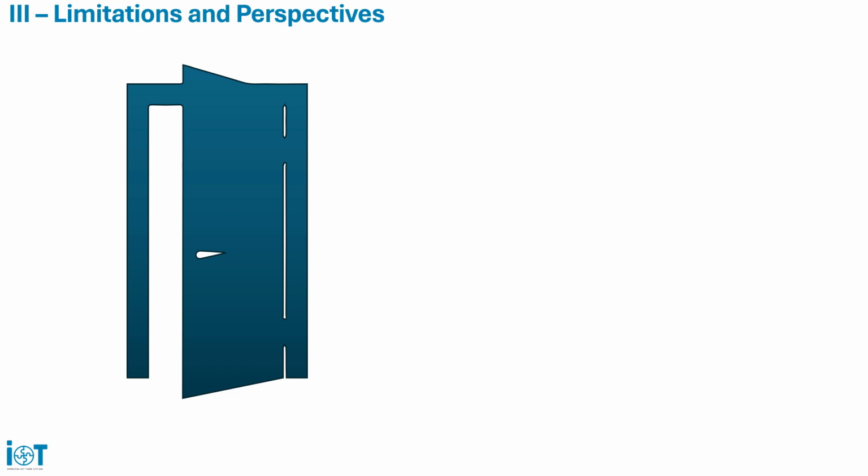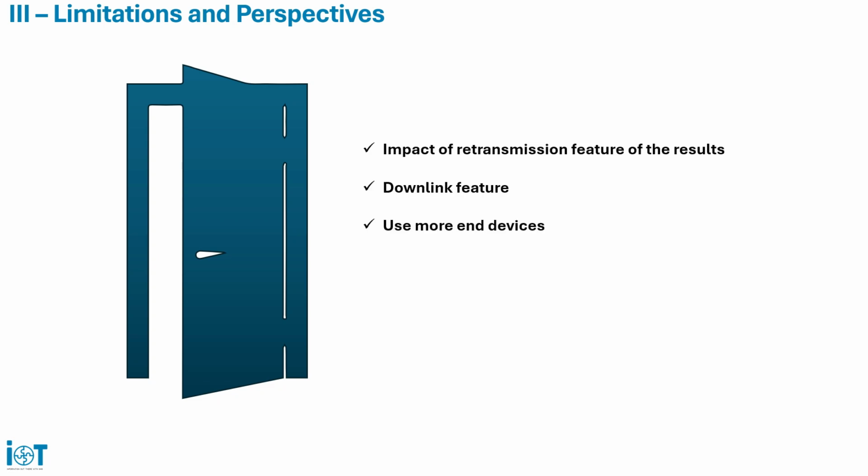Nevertheless, this research has its own limitations and more research needs to be done to make more proofs of concept. For example, we need to know the impact of the retransmission feature on the results, and the downlink feature of LoRaWAN and MIOTY. This is a very important feature to test. And of course, using many more devices will also give better comparison results.